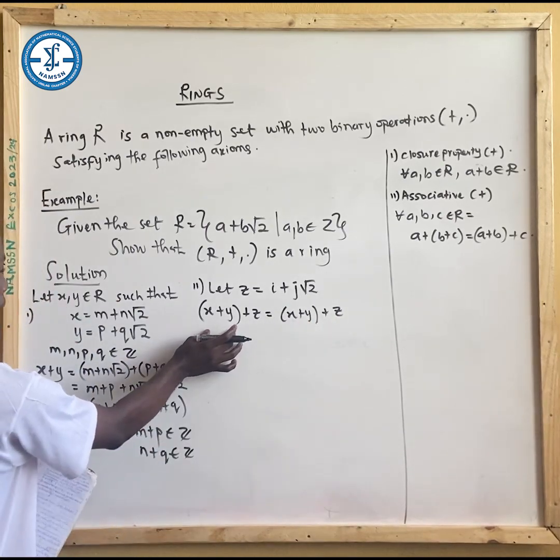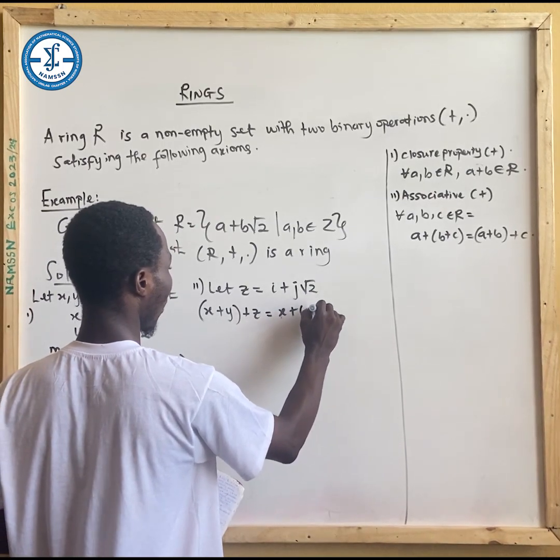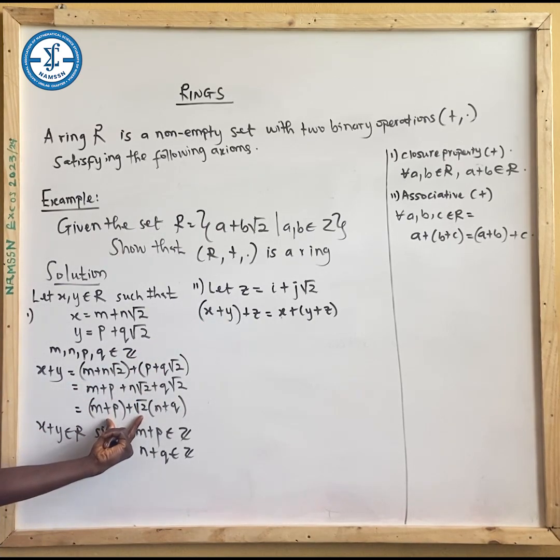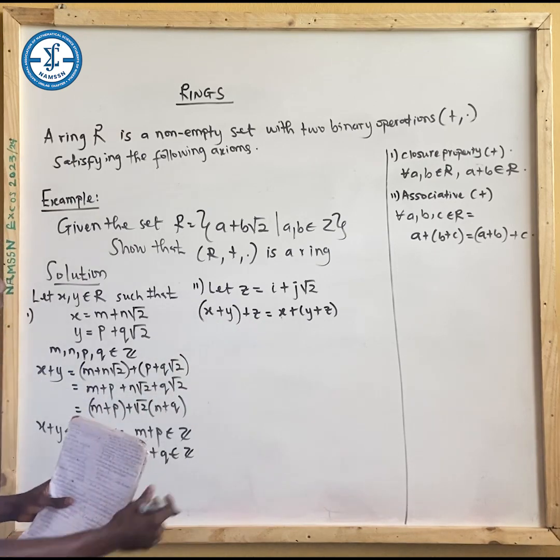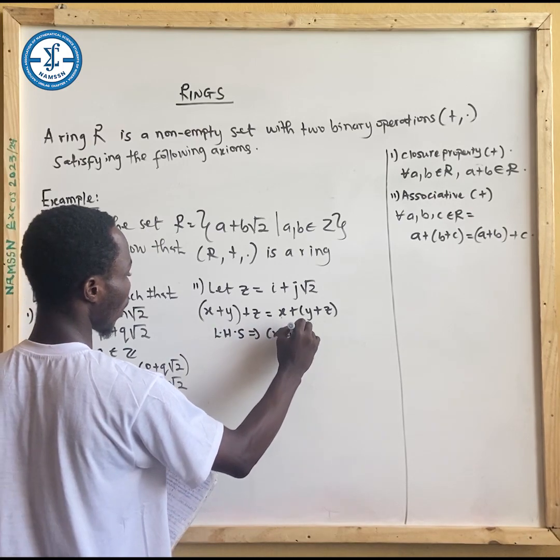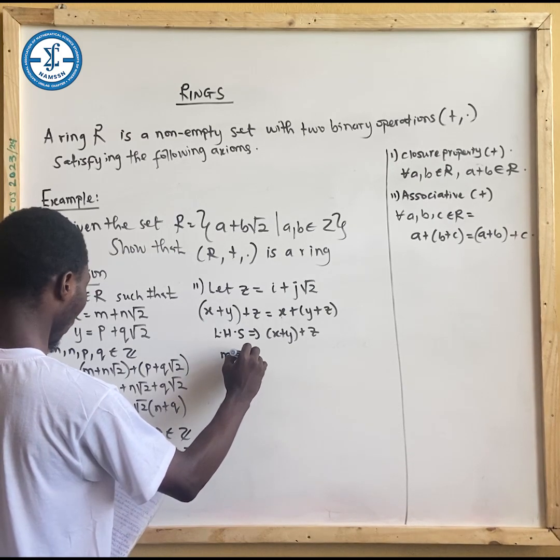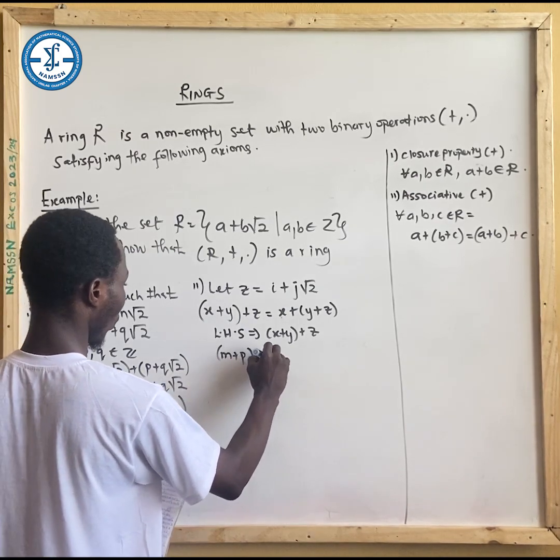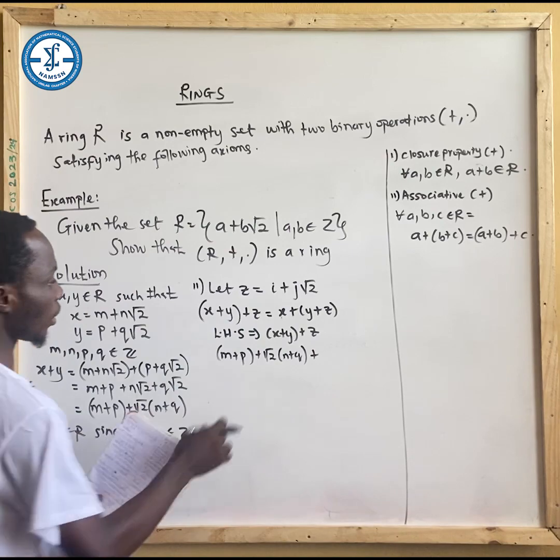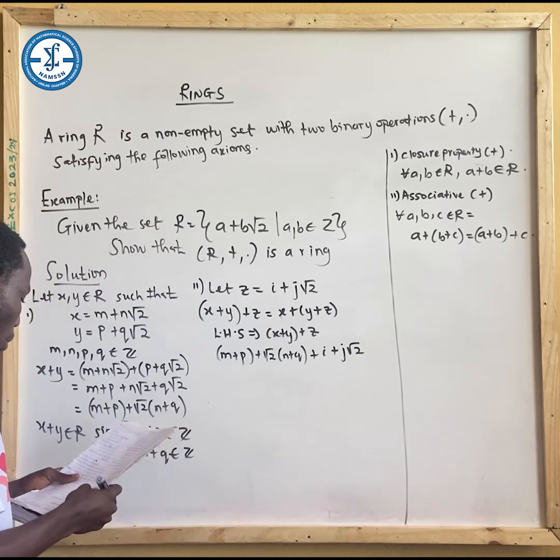So I've gotten my x plus y from here already. I can just plug it in here for the left hand side. The left hand side, which is x plus y plus z, will be m plus p plus root 2 open bracket n plus q, plus our z, which is i plus j root 2.